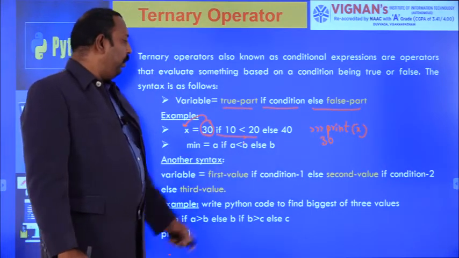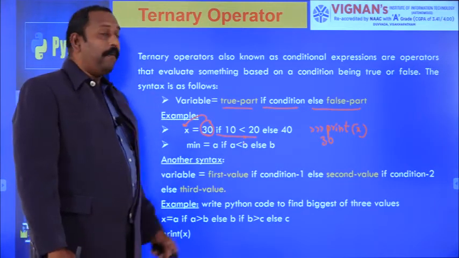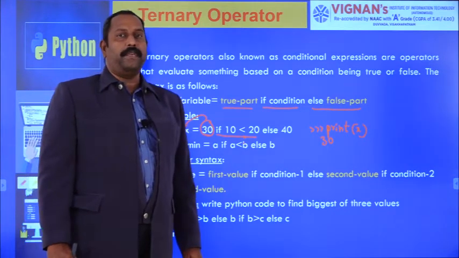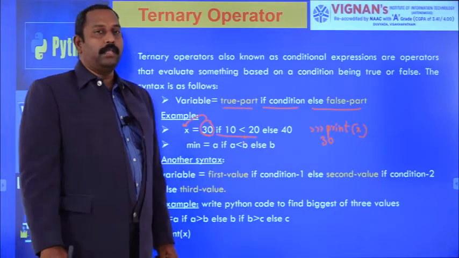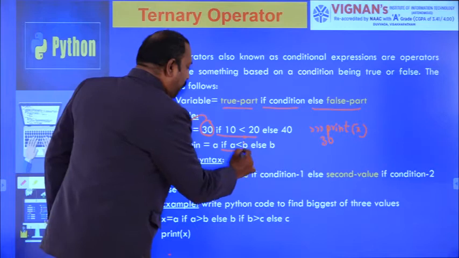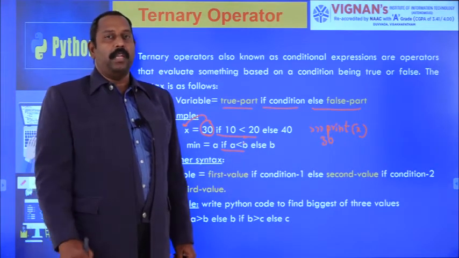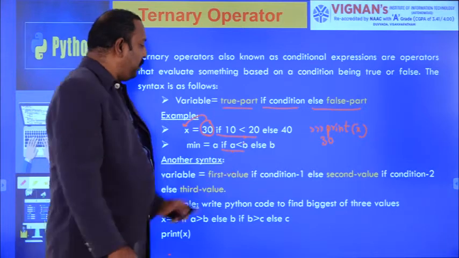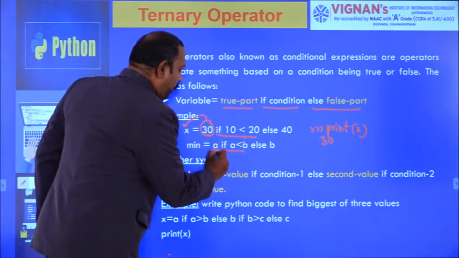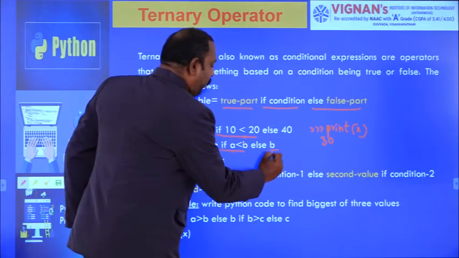And also you can write a logic for finding the minimum of two numbers. Suppose you have taken two numbers a and b. If a less than b, which one is the smallest value? a is the smallest value. So if the condition a less than b is true, it will execute the true part, otherwise it will execute the false part.